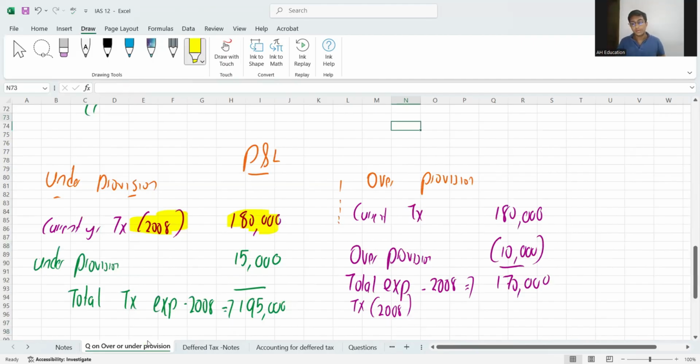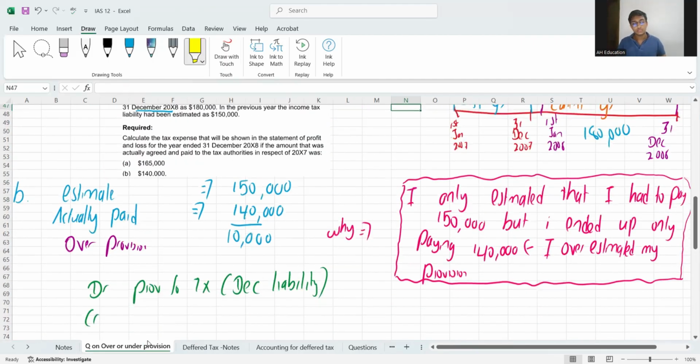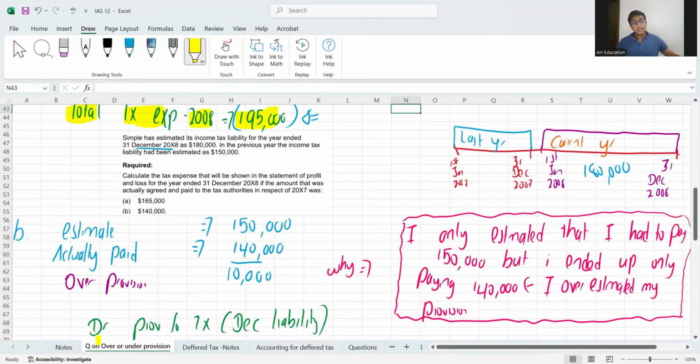Now, reading the question again. If the amount that was actually paid to the tax authorities for the year 2007 was 140,000. Okay, 140,000 is the actual payment that you all paid in relation to the year 2007.